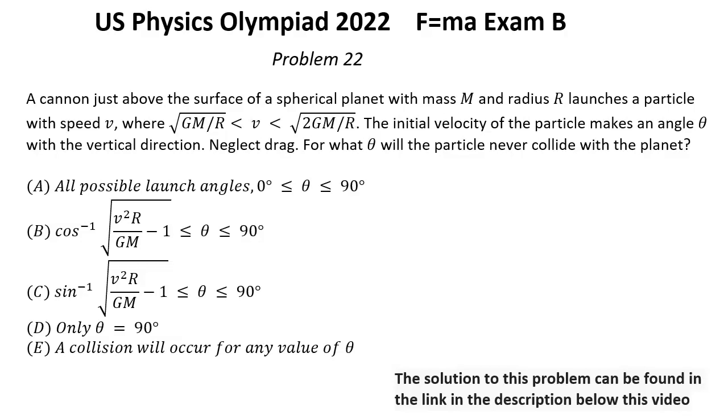So in that case, the particle will never collide with the planet. But in other cases, the orbit of the particle will cross the surface of the planet, which is not good. So only for an angle of 90 degrees do we have a good result. So D is the correct answer, and that was the solution for problem number 22.